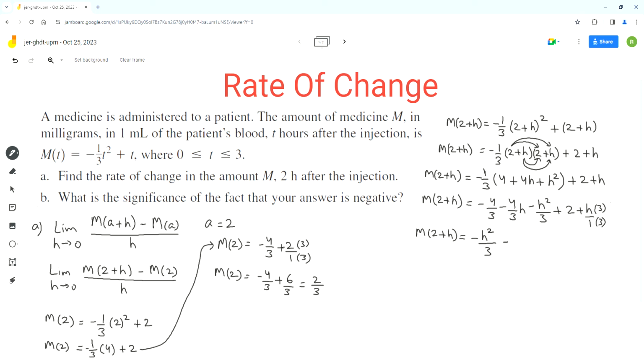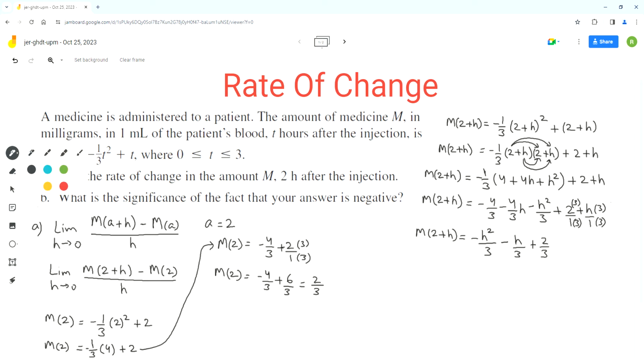So then we'll get minus h over 3. And then we have to combine negative 4 over 3 and plus 2. The denominator of 2 is 1, so the common denominator will be 3. We'll multiply the numerator and the denominator by 3, so 6 over 3. So we'll get plus 2 over 3. So this is the expression for M(2 + h).